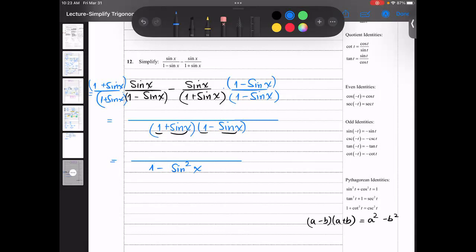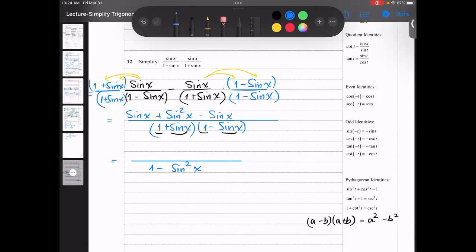Now I'm going to take care of the top. Can I distribute the top? Sine x times 1 is sine x. Sine x times sine x is sine squared x. I'm doing the same thing for the other part. Be careful, there's a negative in front of sine x. So negative sine x times 1 is negative sine x.